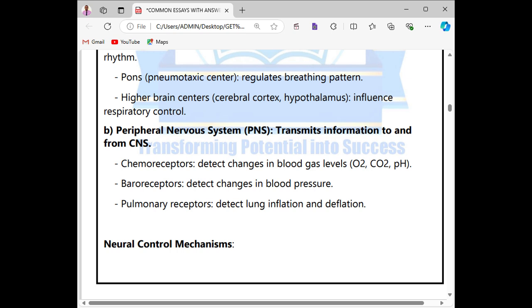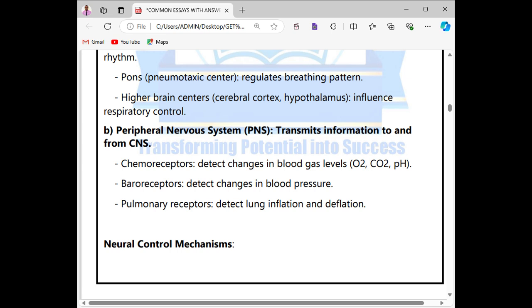Since we're talking about the neural control of the respiratory system, when these chemoreceptors detect a change, they send it to the peripheral nervous system, which takes the information and sends it to the central nervous system.